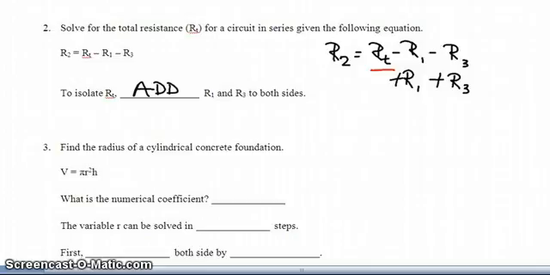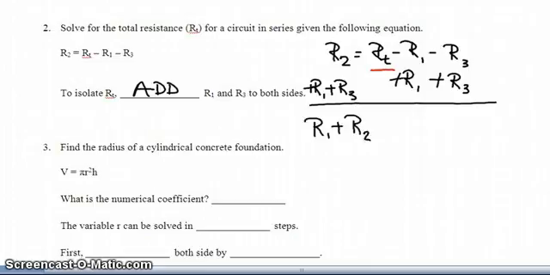And because I did it to the right, I need to do it to the left, and I'm going to have R sub 1 plus R sub 2 plus R sub 3 equals R sub T, which is the total resistance in a series circuit.